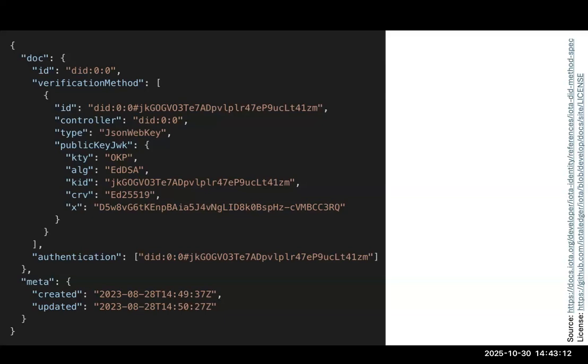And in this particular DID document, they essentially provide you the information that for authentication purposes, this is the verification method that you must use.